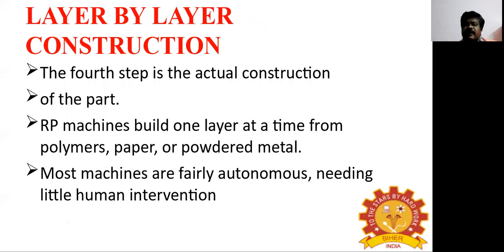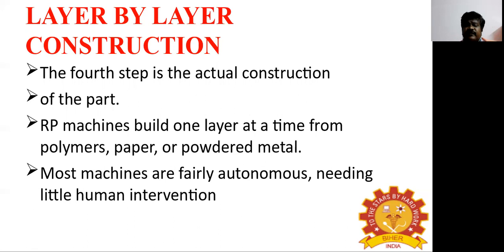And then is our layer by layer construction. Layer by layer construction is the fourth step. The fourth step is the actual construction of the part, layer by layer.